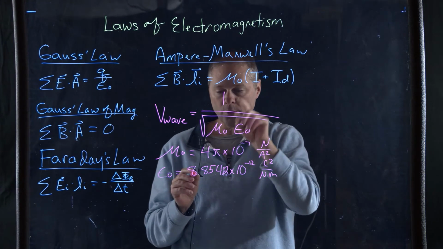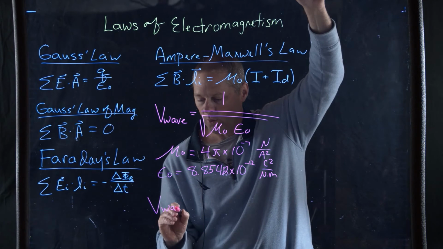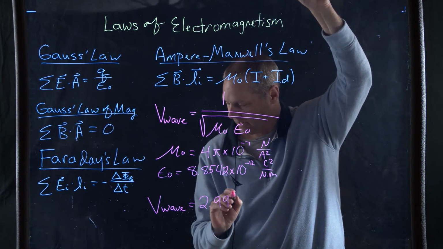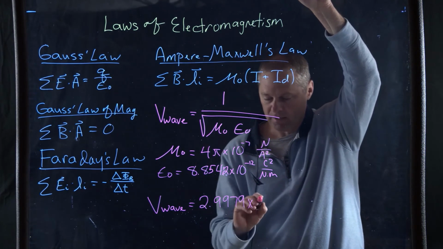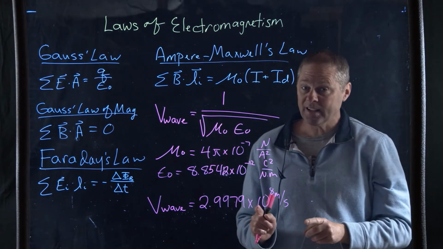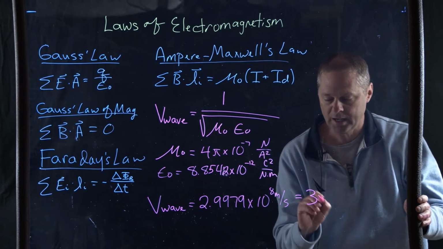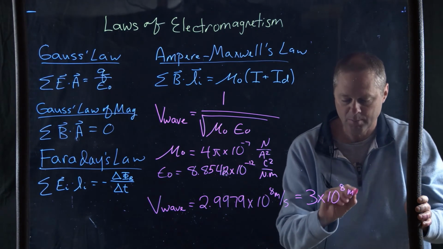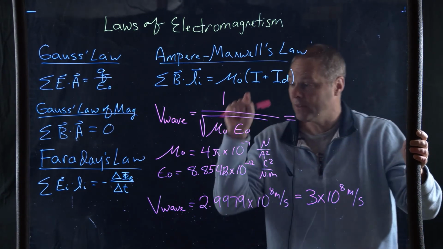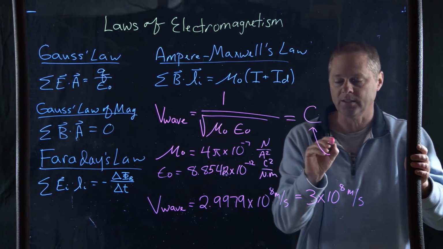You plug these terms into this expression, and you find that the velocity of the wave is equal to 2.9979 times 10 to the 8th meters per second. That number should look awfully familiar in that we typically round this to 3 times 10 to the 8th meters per second, which is the speed of light. So therefore, this expression right here is equal to c, the speed of light.